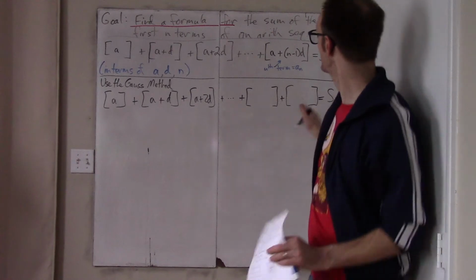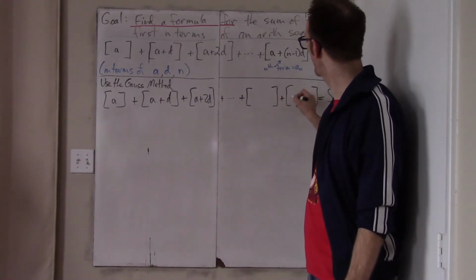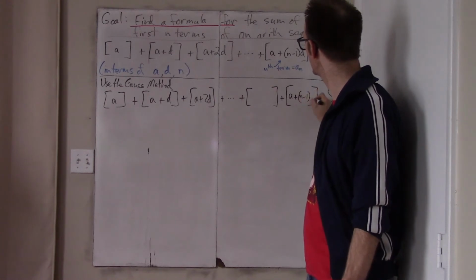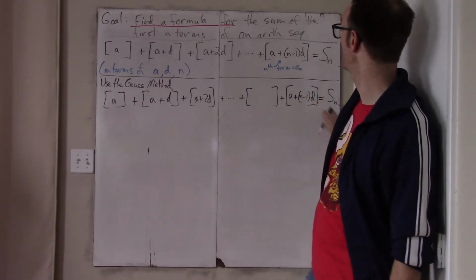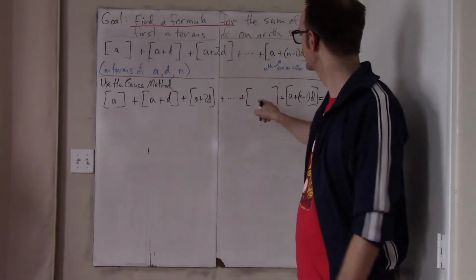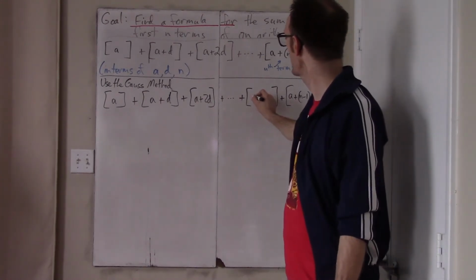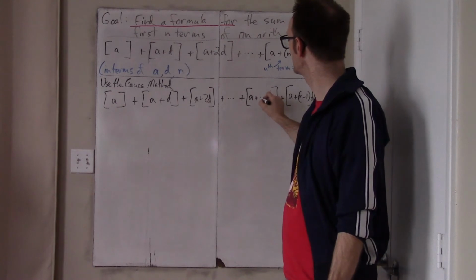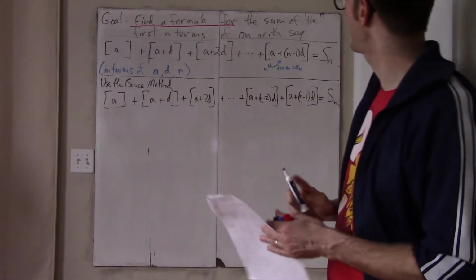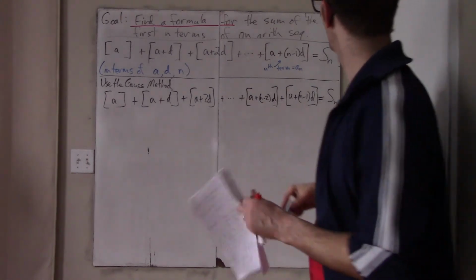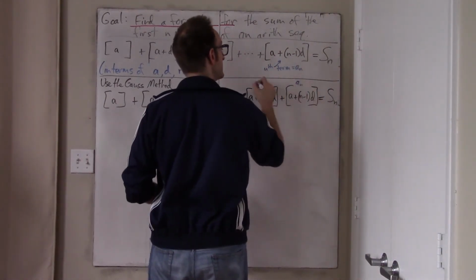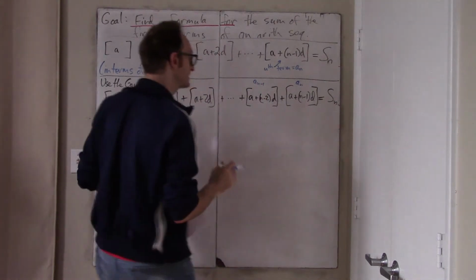Well, by the time I've got to the nth term, that's of the form a plus (n minus 1)d, as we've said. Remember, the goal is to add up the first n terms. So that's the nth term, and the previous term, I've added d one less time, so that's a plus (n minus 2)d. To clarify, this is a sub n, this is a sub n minus 1, et cetera.